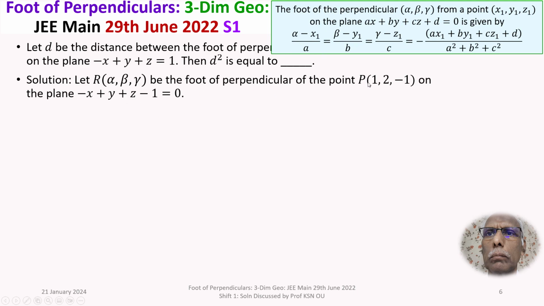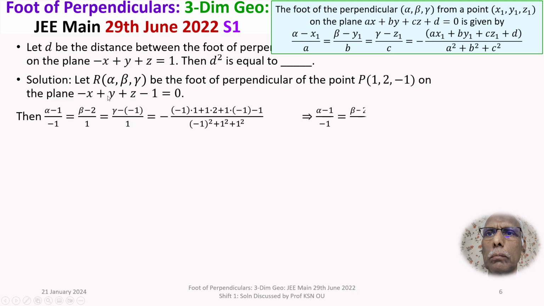(Alpha - 1)/-1, where -1 is the coefficient of x, (beta - 2)/1, is equal to (gamma - (-1))/1, the coefficient of z, is equal to minus (a x1 + b y1 + c z1 + d), that is (-1 times 1 plus 1 times 2 plus 1 times -1 minus 1), divided by (-1) whole square plus 1 square plus 1 square.